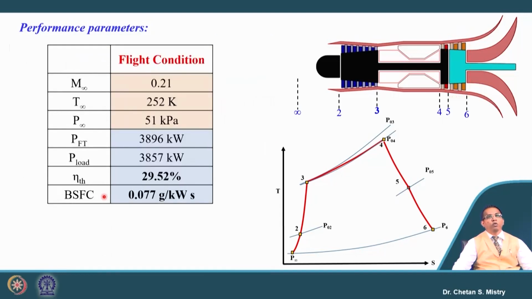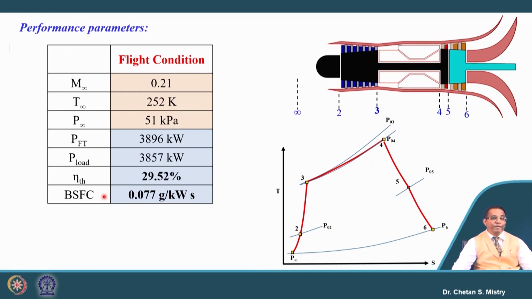Okay. So overall, if we try to look at it, we have information about the flying Mach number to be 0.21, and the temperature and pressure at the particular altitude are 252 Kelvin and 51 kilopascal. This engine is generating power from the free turbine of 3896 kilowatt.